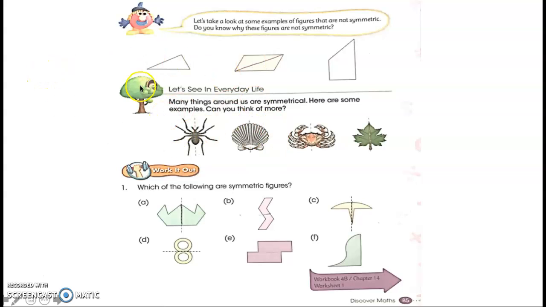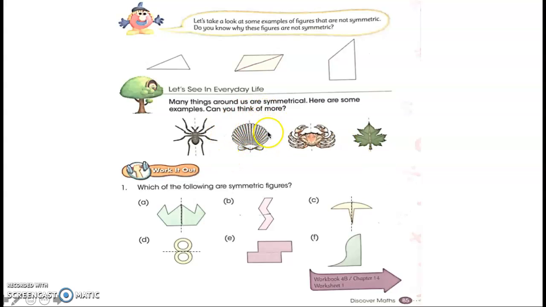Now see this natural object, the spider. You will see that if I fold the spider from this line, the two identical parts on each side of the line can overlap each other without any deviation from any side, right?